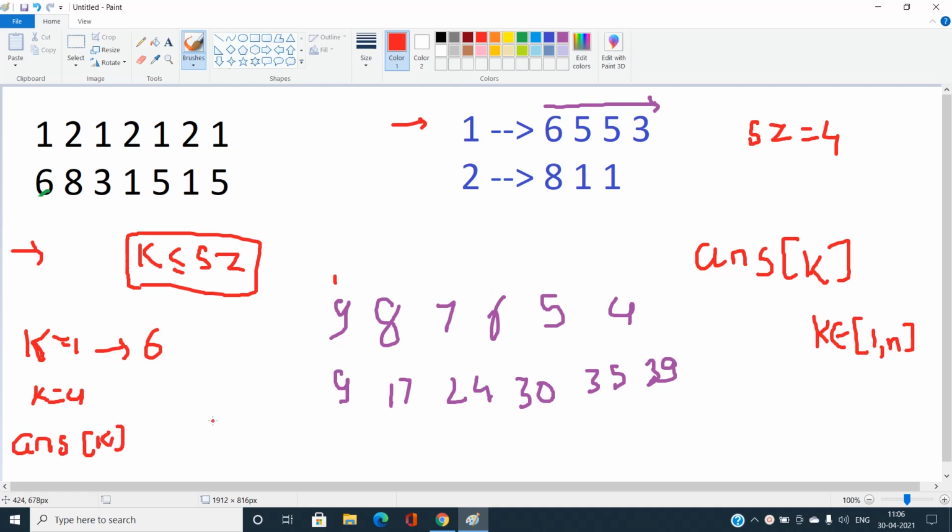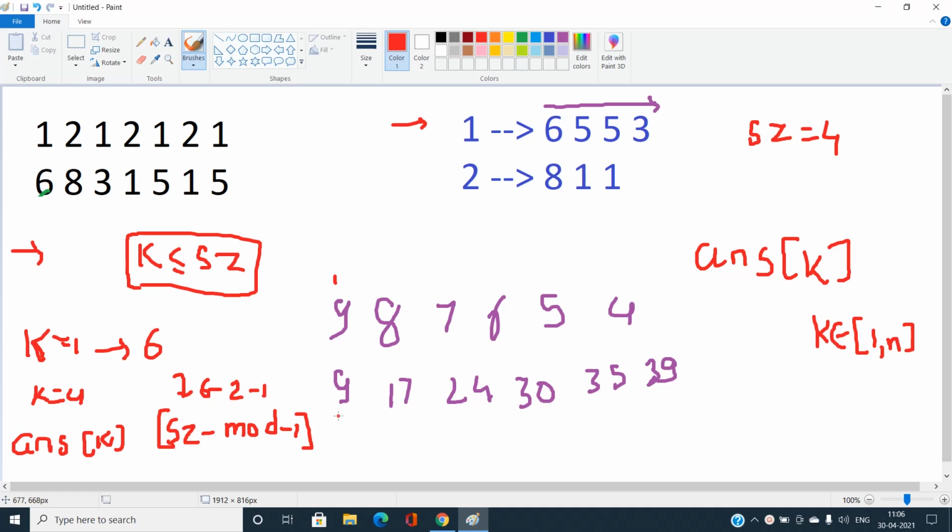If I take the prefix sum and then the modulus, I'm talking about the index size minus mod minus 1. I'm talking about this element, and this size is 6 minus mod, where 6 mod 4 is 2, minus 1. 6 minus 2 is 4, minus 1 is 3.